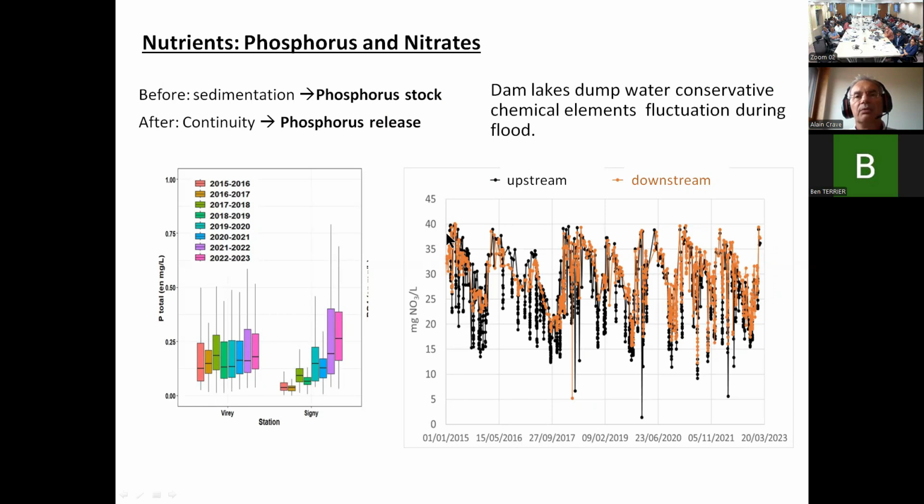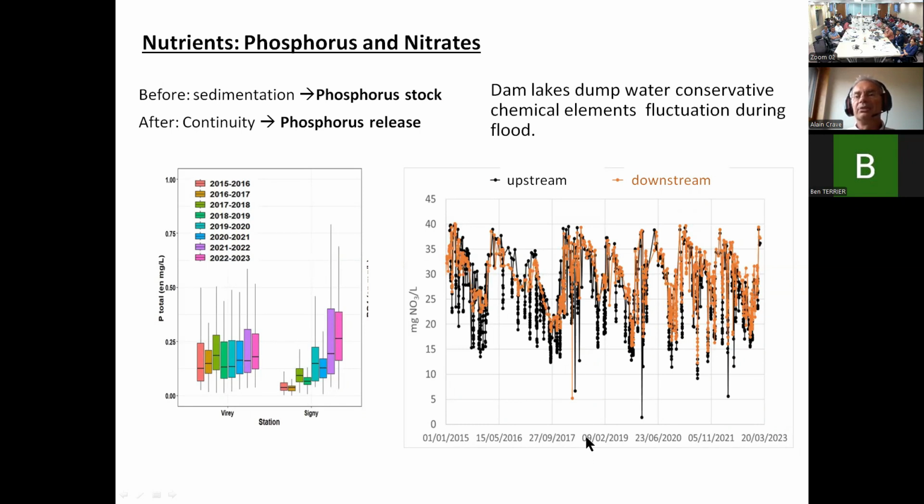And when you are downstream, because you have the dam influence, which dampens this impact of the flood, the signal of the nitrate concentration just follows the seasonal variability.